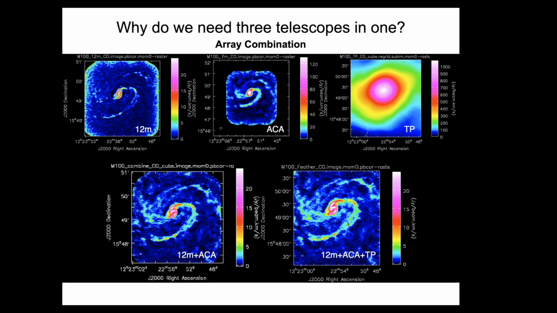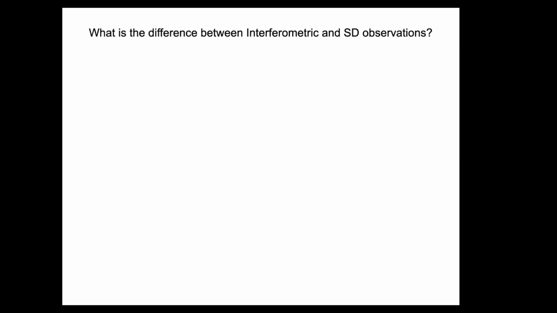And we still have information of the small scales that are given by the main array, so that we can have the best of the two worlds. We can recover a lot of extended structures, but we still see small details. That's why we need the three parts of ALMA, or the 3 telescopes that are included in ALMA.